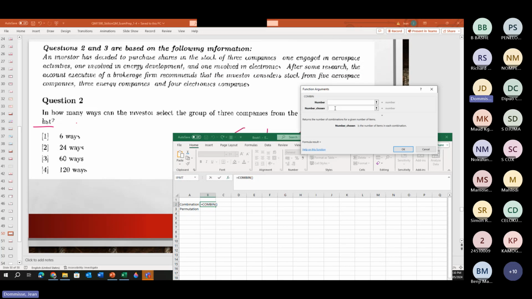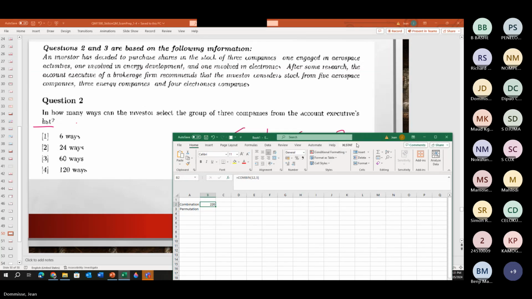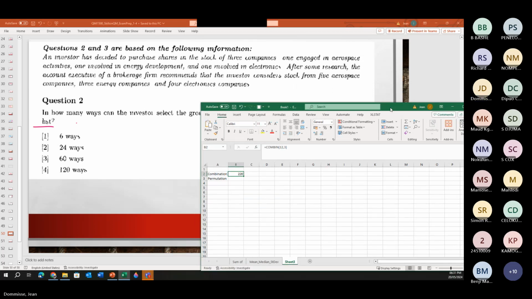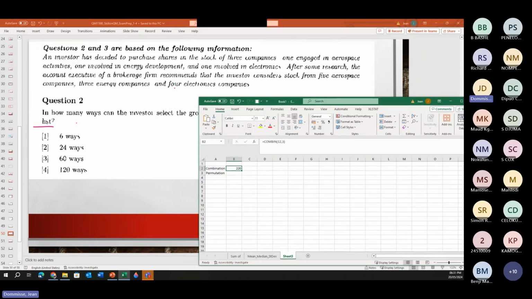So what is your n and what is your r? 5, 3, 4 is 12.